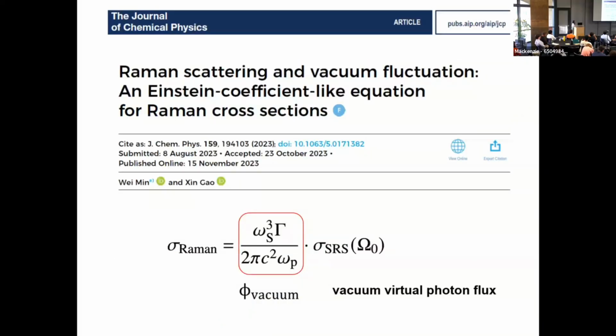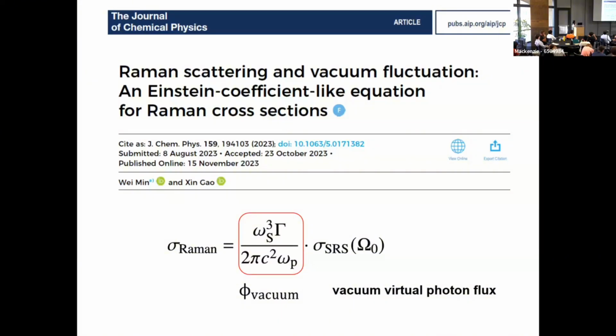So Wei and Xin went on to harness this approach along with quantum electrodynamics to explore the theoretical connection between the spontaneous Raman cross-section and the stimulated Raman cross-section. What they found, again very much inspired by Einstein's AB coefficients, is quite analogous equations that connect the spontaneous Raman cross-section with the stimulated Raman cross-section coefficient.